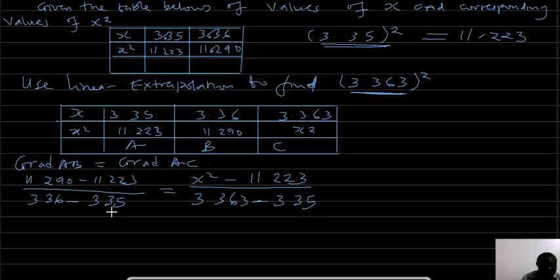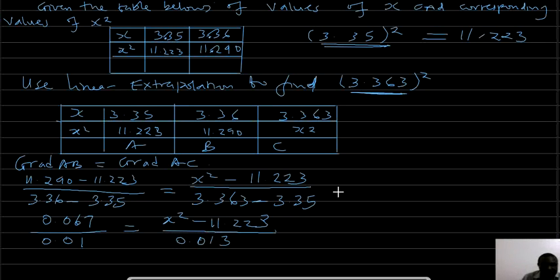So when we get a calculator there, in the numerator, 11.290 minus 11.223, you will get 0.067, divided by this minus that, you get 0.01. Giving us, this one remains the way it is, x squared minus 11.223 divided by this minus that, you will get 0.013.